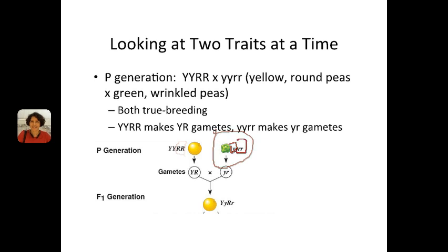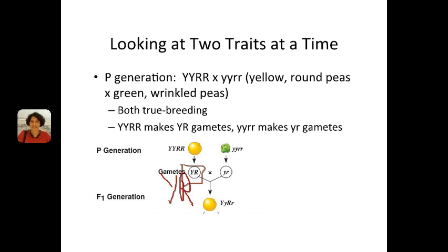In preparation for the cross, the 2 parents are going to make their gametes. The only kind of gamete that the yellow round plant can make is big Y, big R. Right?